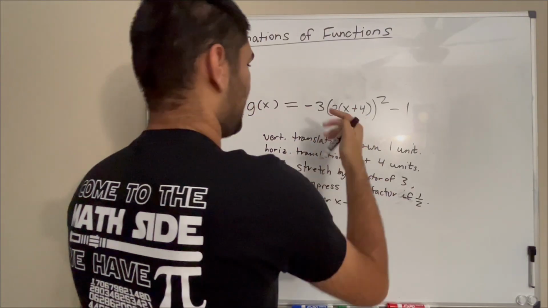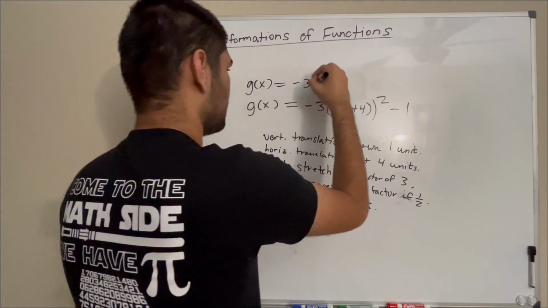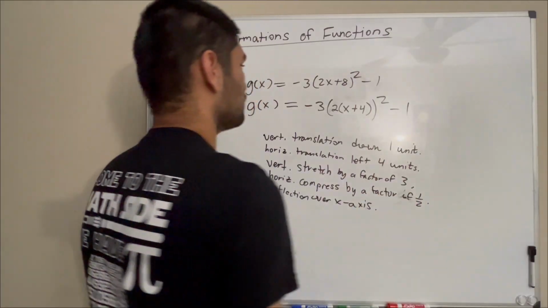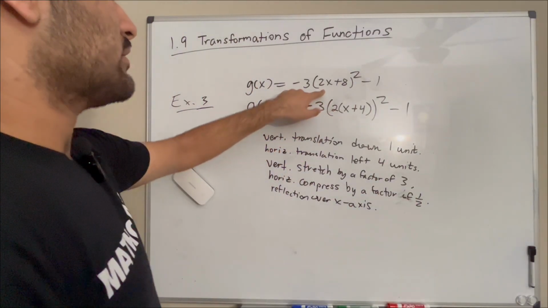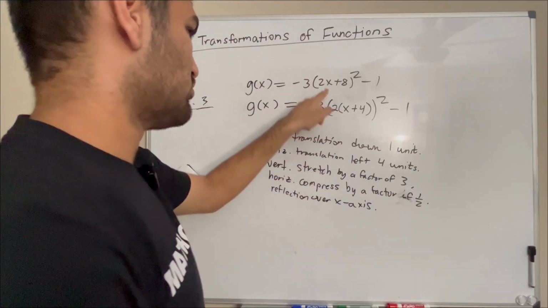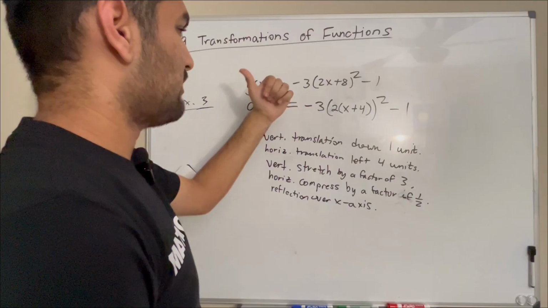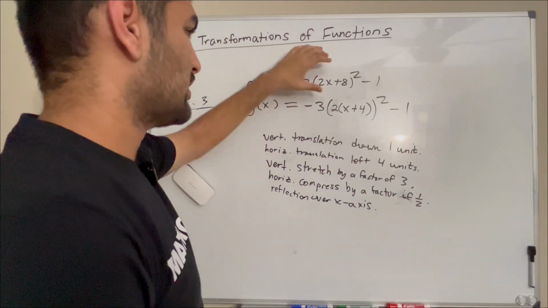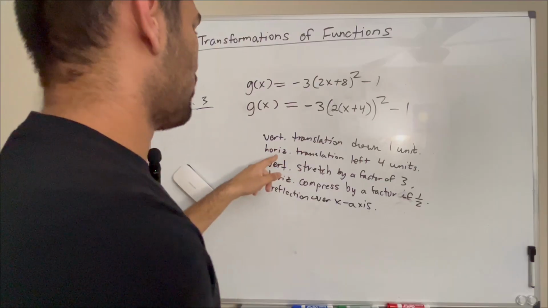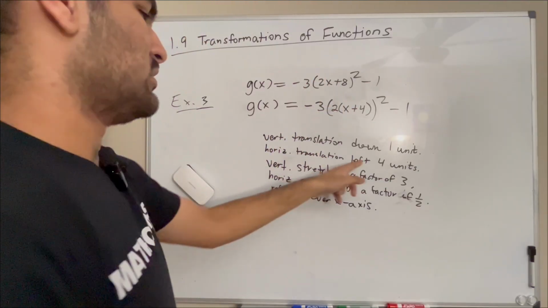Now, an important thing to keep in mind is that here it was pretty easy to see all the transformations because the 2 was factored out. But if we rewrote this as g of x equals negative 3 times 2x plus 8 squared minus 1, obviously you still have the horizontal compression, because you still have the 2 there. But you also have to remember to factor it out, because if you take this at face value, it might seem as if you had a horizontal translation left 8 units, but we know that it's to the left 4 units.